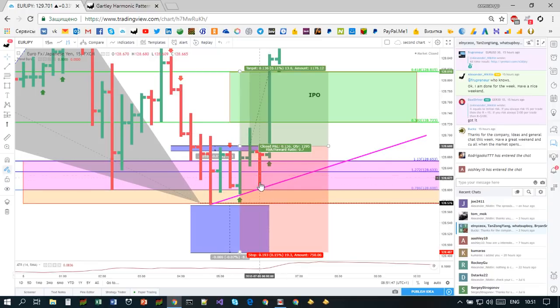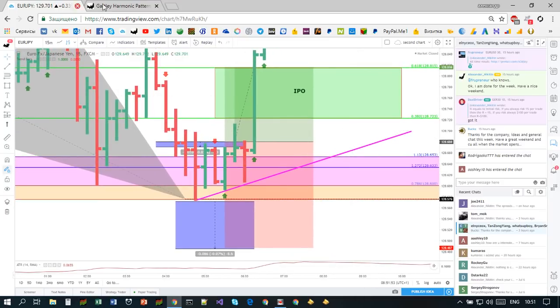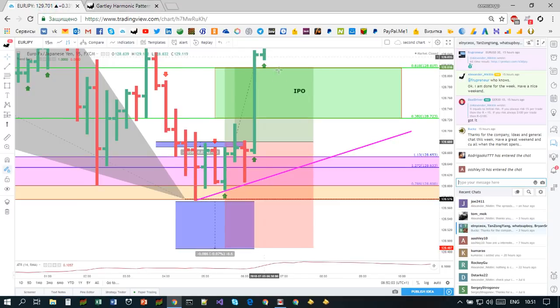If it didn't close and bounced to the upside, you draw your acceleration trend line, and it is written on my website. When acceleration occurs, it is recommended to draw an acceleration trend line, and you should adjust this to price action. So after we had a bounce off the primary trend line, we have an acceleration trend line.